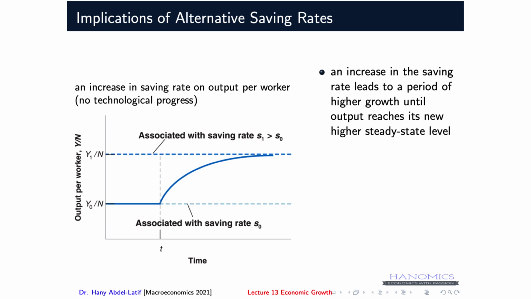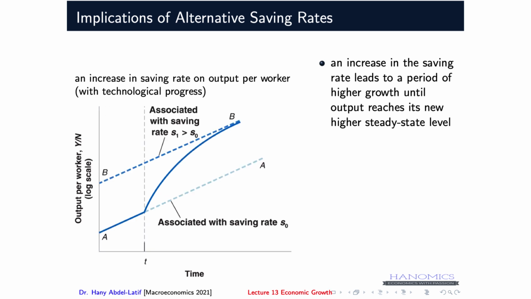But if there is technological progress, obviously that will be a bit higher, because, just learning from what we discussed before, that means a higher level for the production function itself, and given that, an increase in the saving rate leads to, again, a period of growth until we come to the new steady state level.